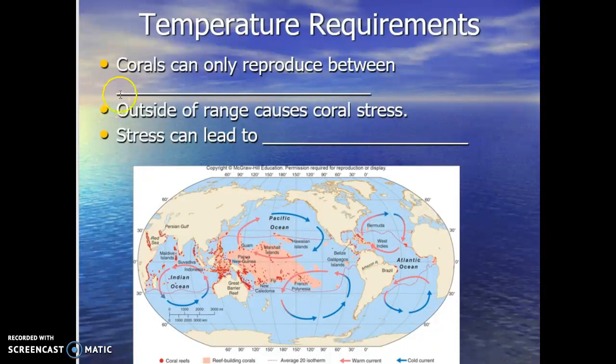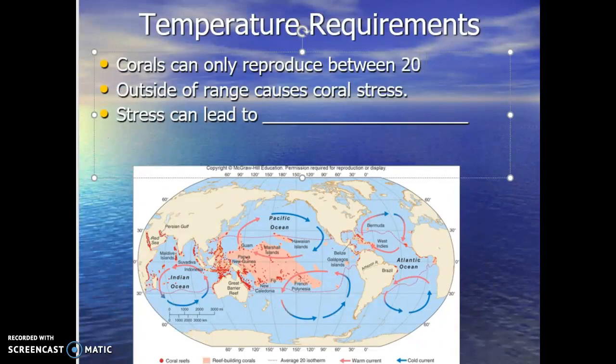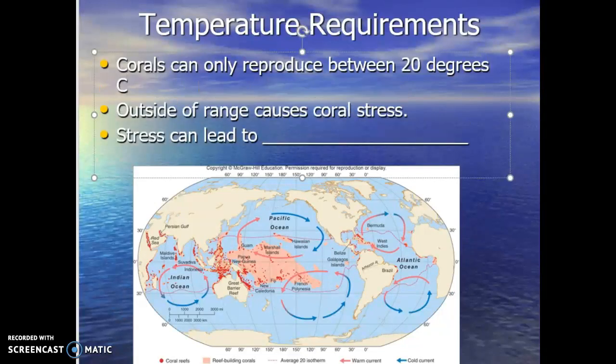All right, so temperature-wise, when we're looking at coral reproduction, they can only reproduce between about 20 degrees Celsius, which is going to be 68 Fahrenheit.